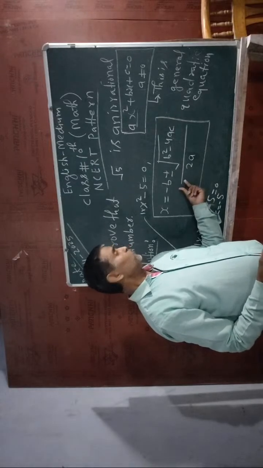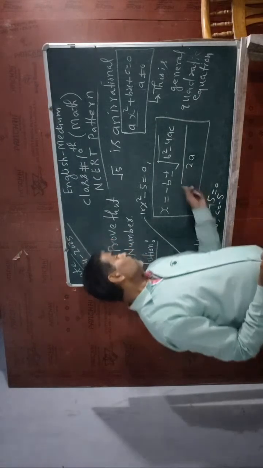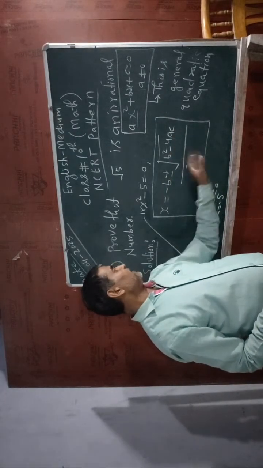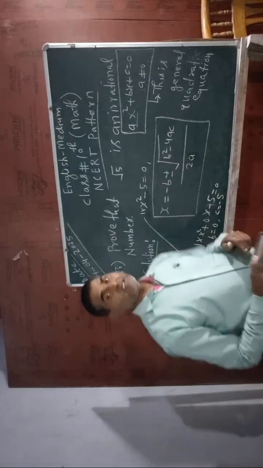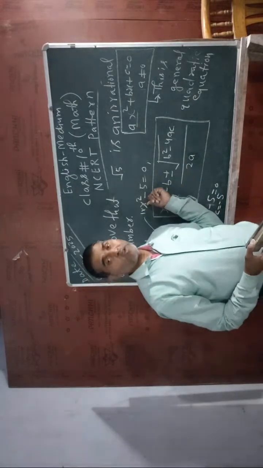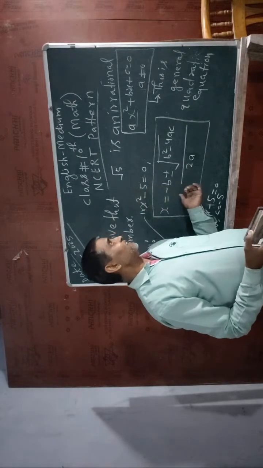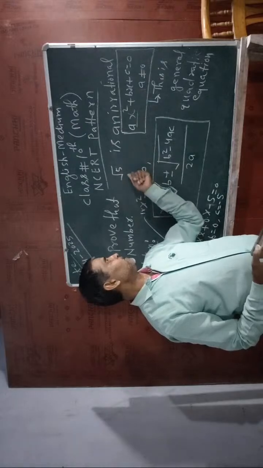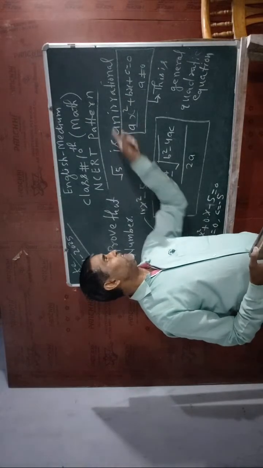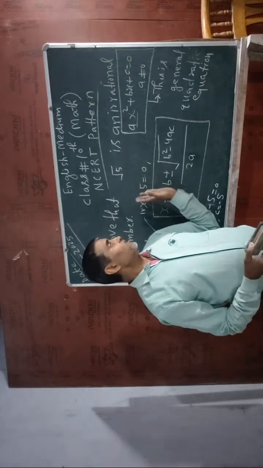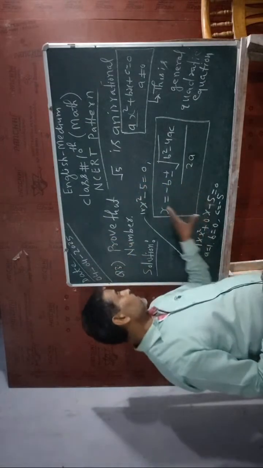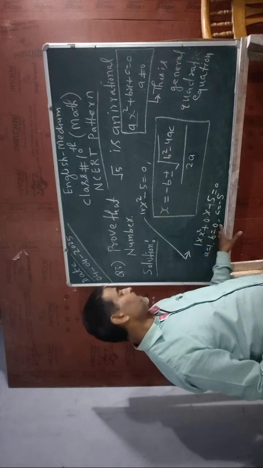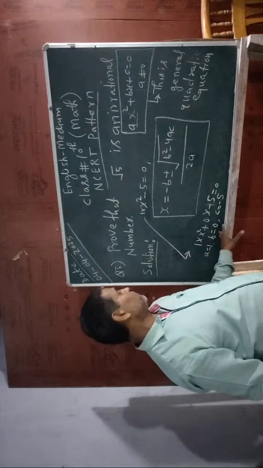them in this formula which is given by Sridharacharya. So I will put the values of b, a and c. After simplifying, we will get the value of this quadratic equation, and according to the given information, that is to prove that root 5 is an irrational number, we will prove that.